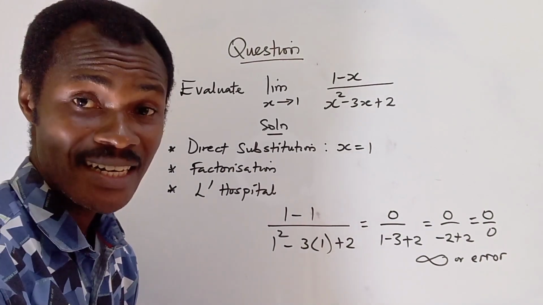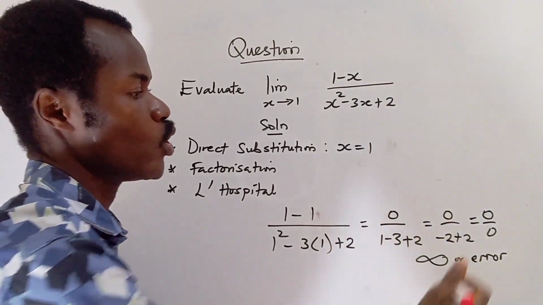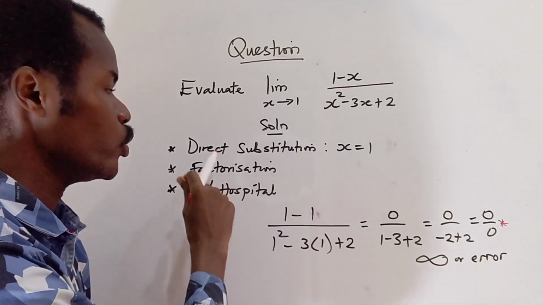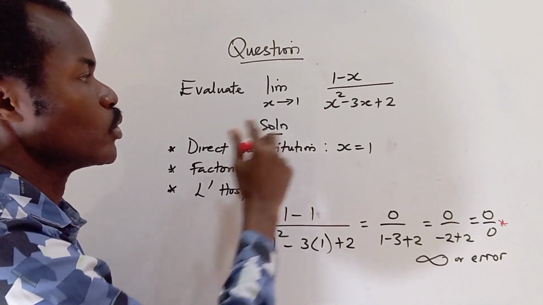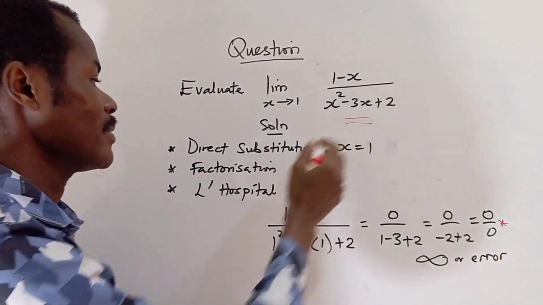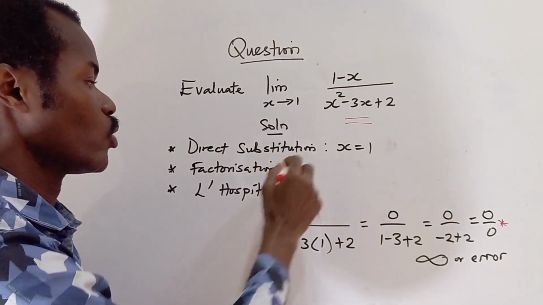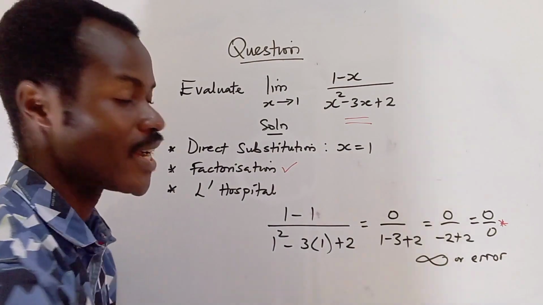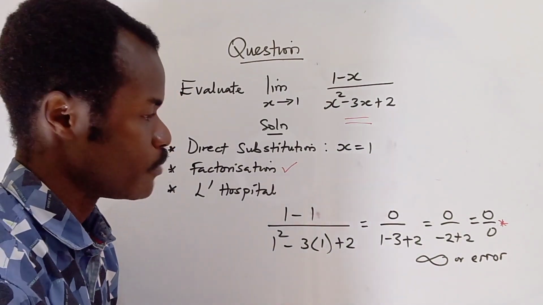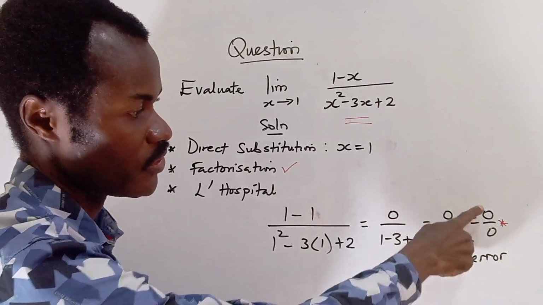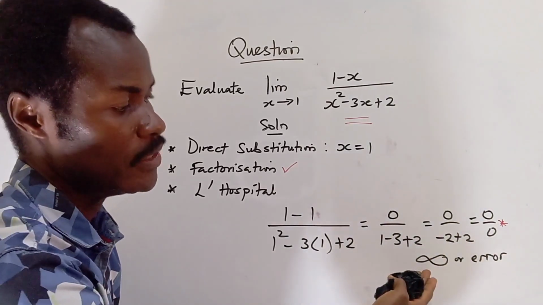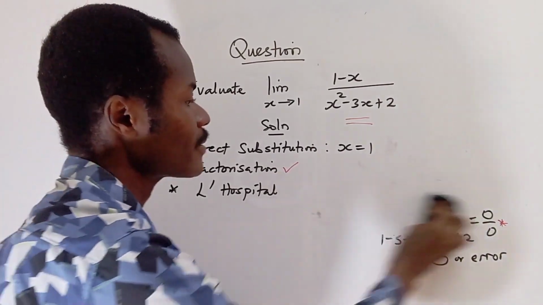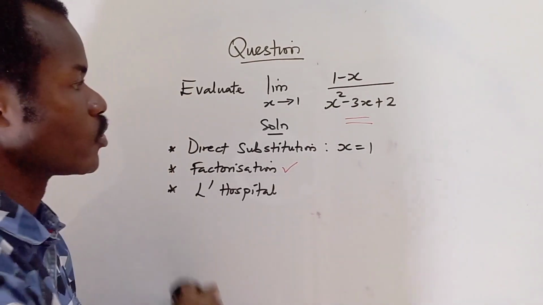Now whenever you try direct substitution and you come across this, it means you can't use direct substitution to solve a problem like this. So you have to attempt the factorization method. Let's use our factorization method because direct substitution gives us 0 divided by 0, which is infinity or error. So let's try factorization.